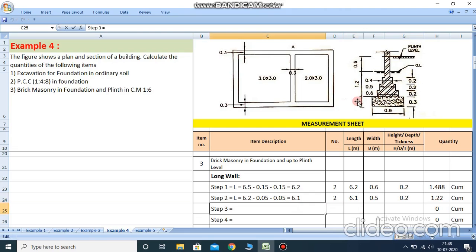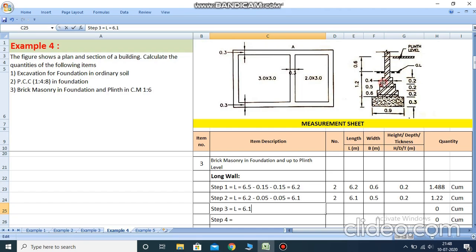Clear? Now for step 3, see this cursor point, 0.4 meter width is step 3. So the total length is equal to 6.1, which is already calculated in step 2, 6.1 minus the difference of 0.5 minus 0.4, the difference is 0.1.